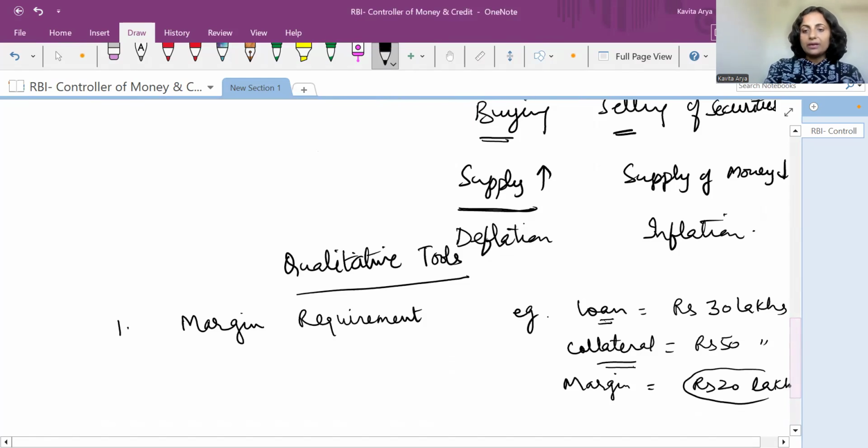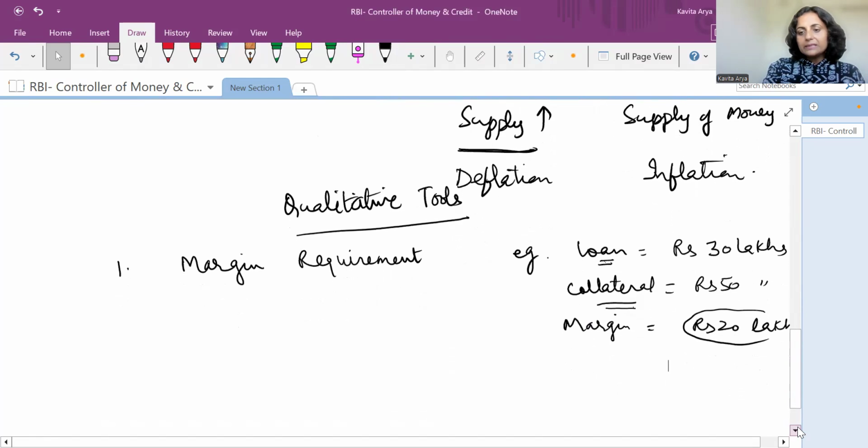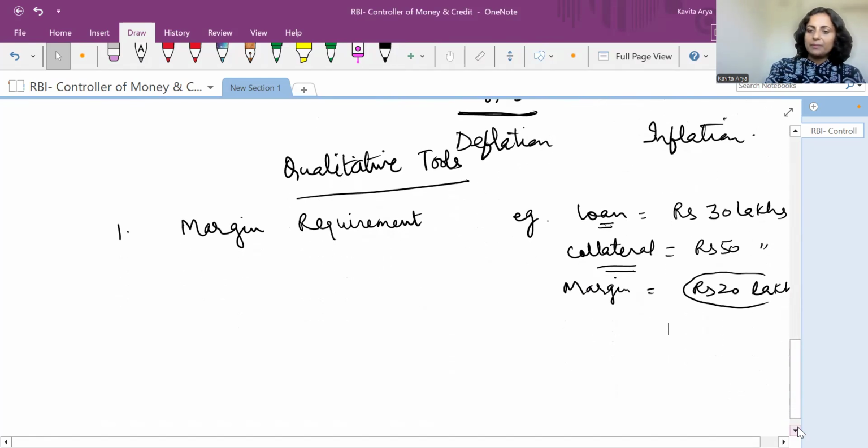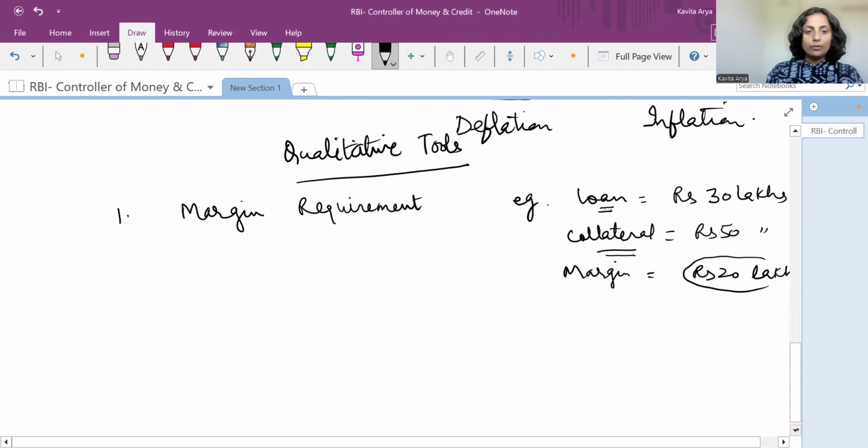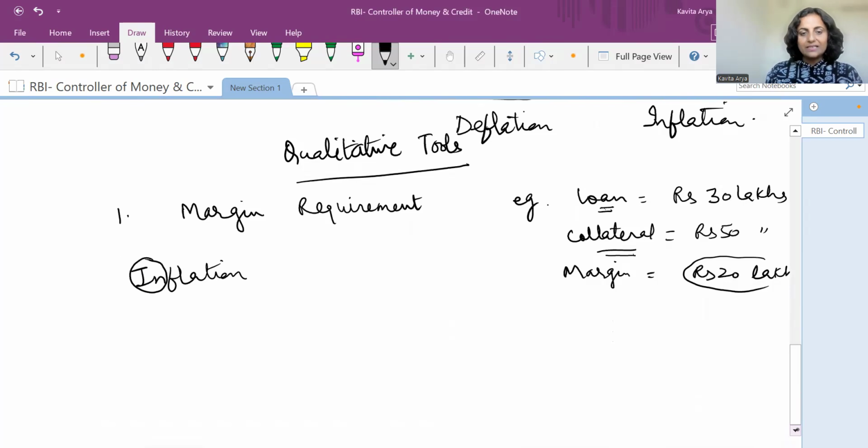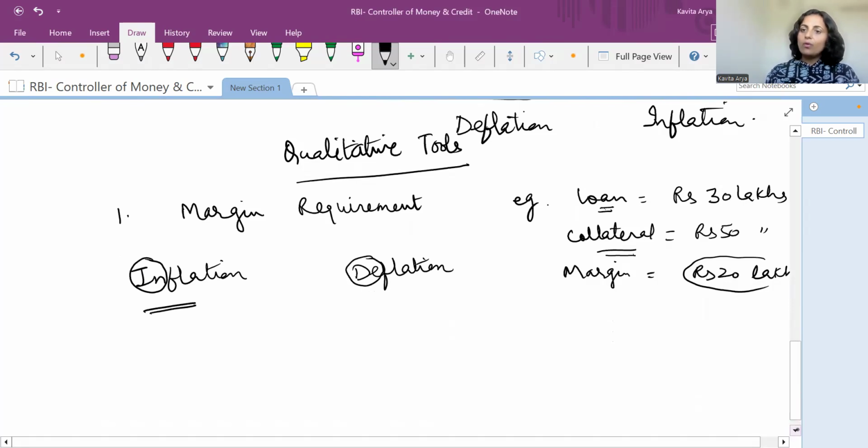Now the story revolves around whether RBI increases or decreases the margin requirement in case of inflation. I told you, you simply go by the term: inflation means all these things are to be increased, and deflation means all these things are to be decreased. What is the inflation problem? The problem is that money is more in the economy and money supply is high.